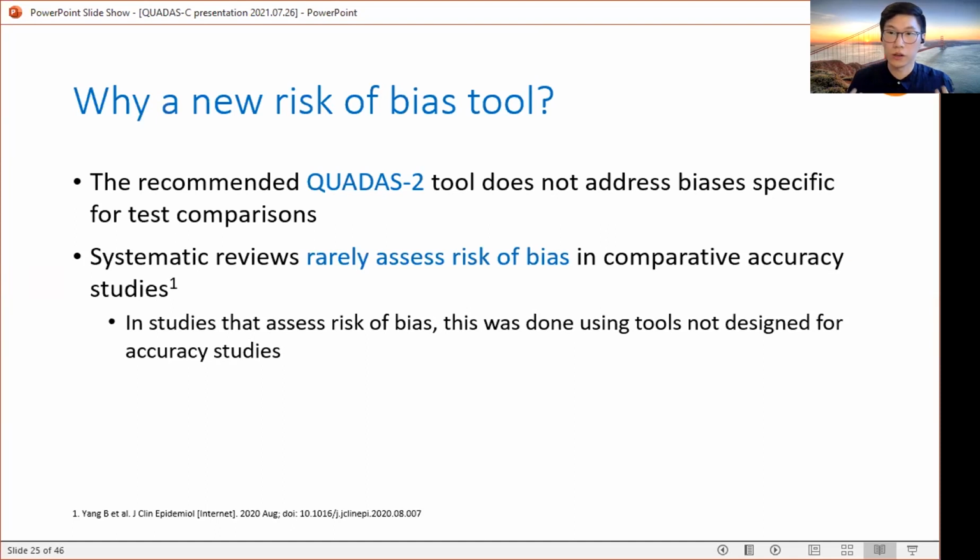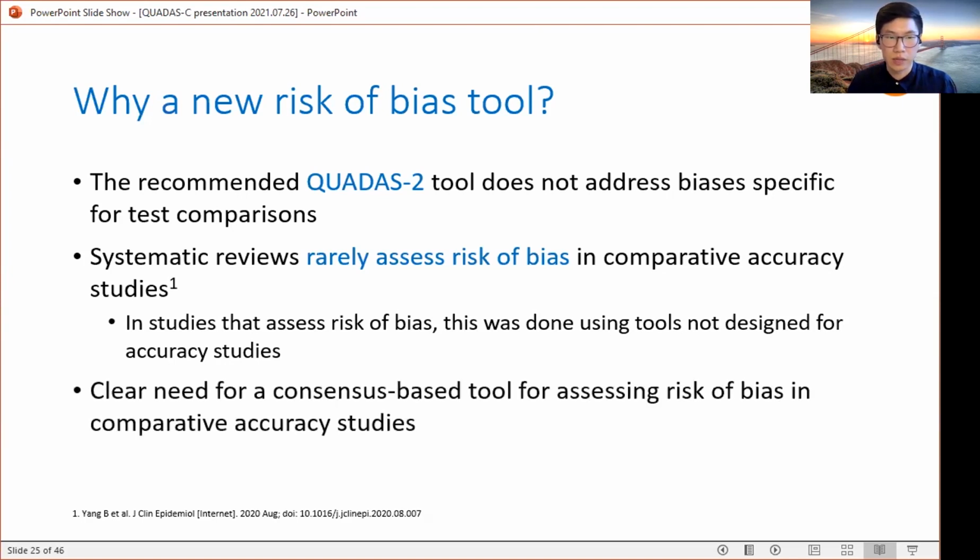It's better than not having any form of risk of bias assessment at all. But the sources of bias are different compared to when we're looking at trials of interventions. So this demonstrates a clear need for a consensus-based tool for assessing risk of bias specifically for comparative accuracy studies.